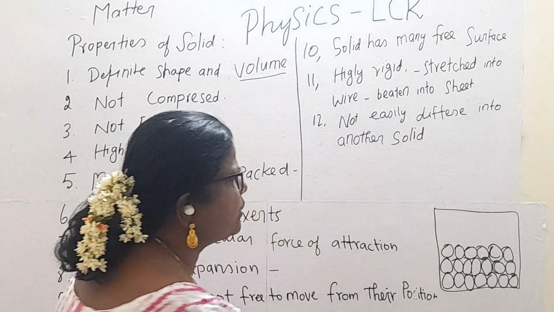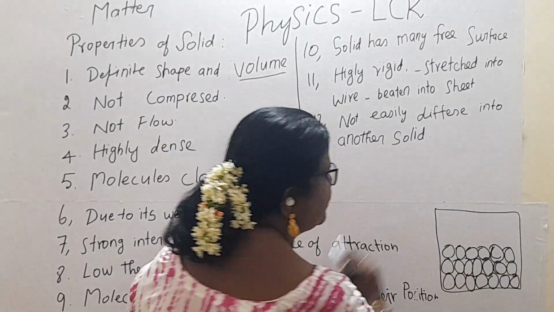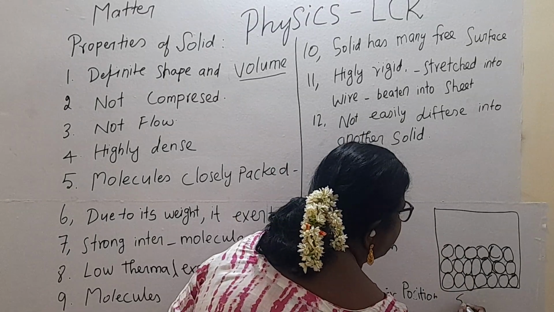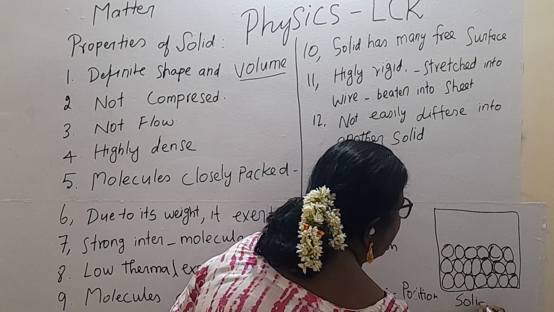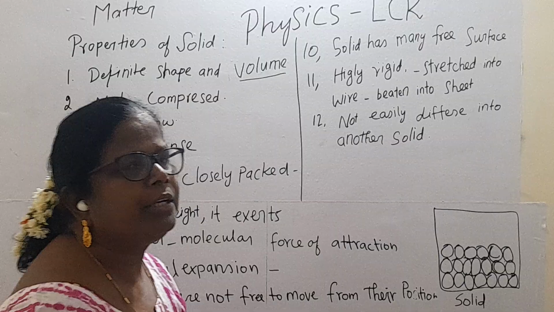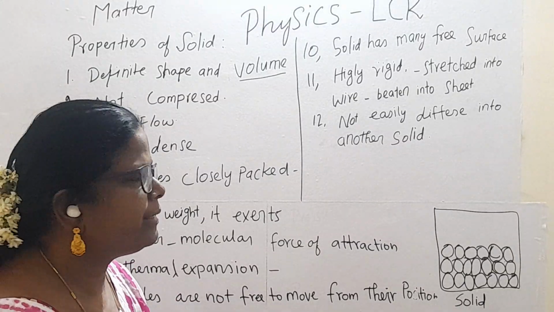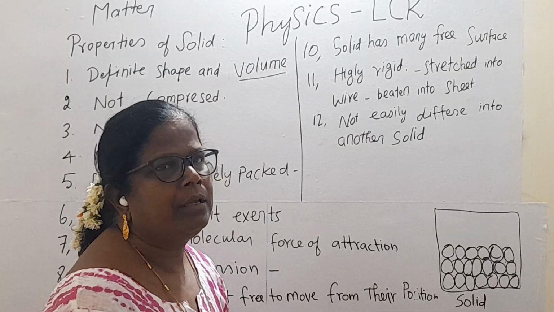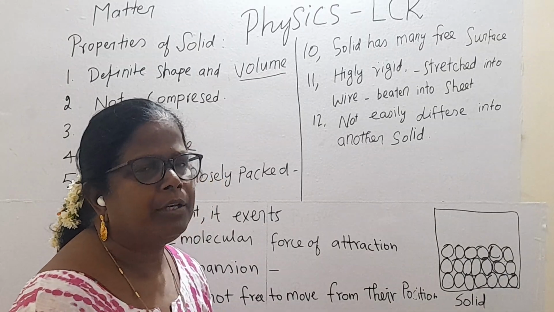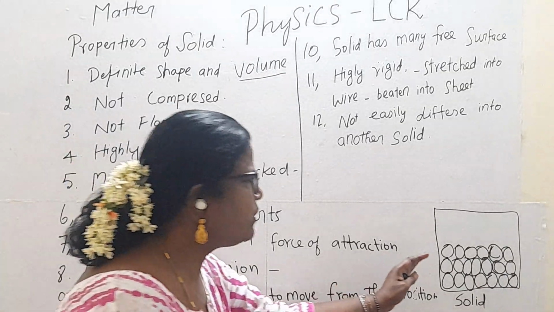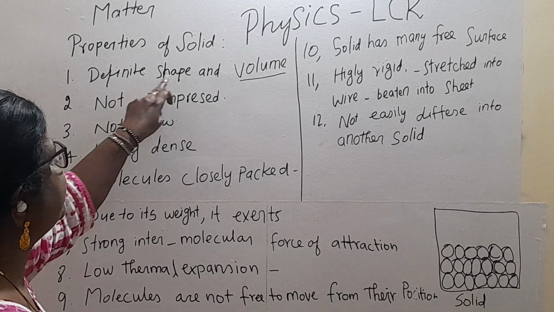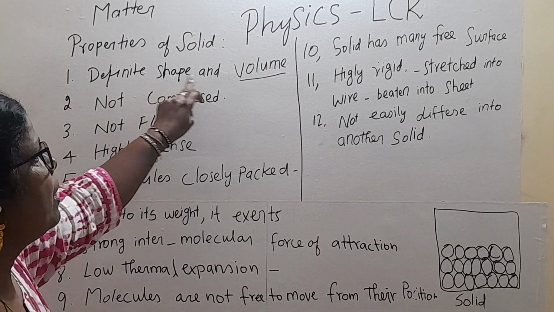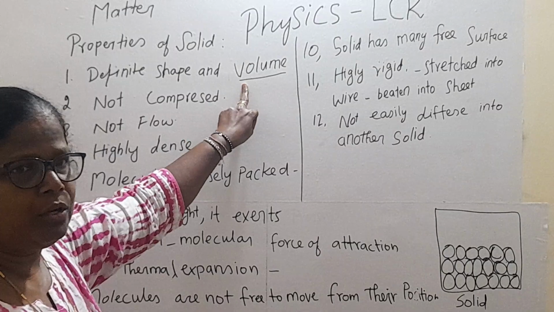Here I have given the molecular arrangement of the solid. How are the molecules arranged? They are closely packed, tightly packed, very closely arranged. So that's why the solid gets a definite shape. It also has a definite volume.